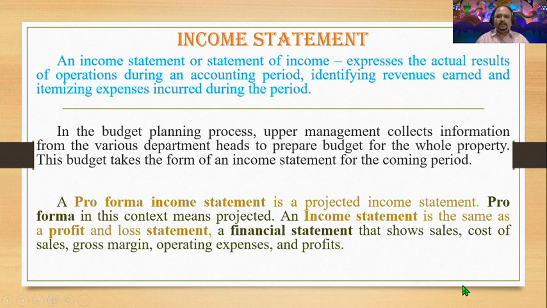Pro forma in this context means projected. An income statement is the same as a profit and loss statement, a financial statement that shows sales, cost of sales, gross margin, operating expenses, and profits.